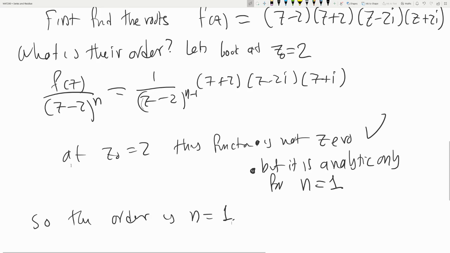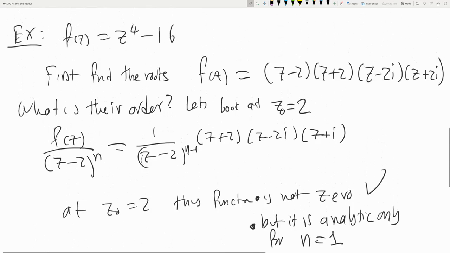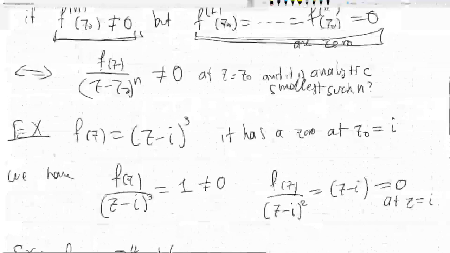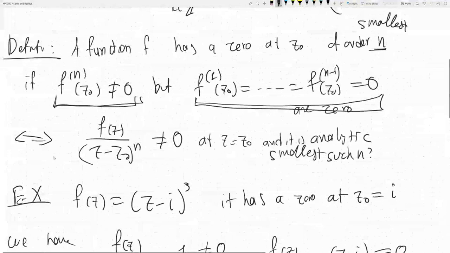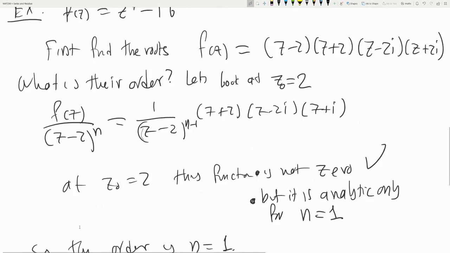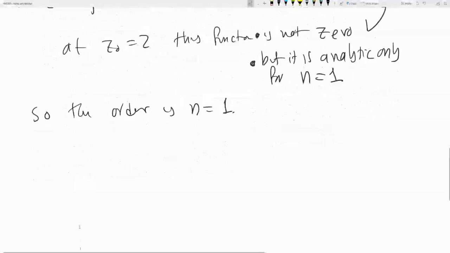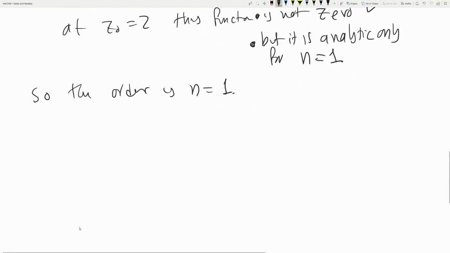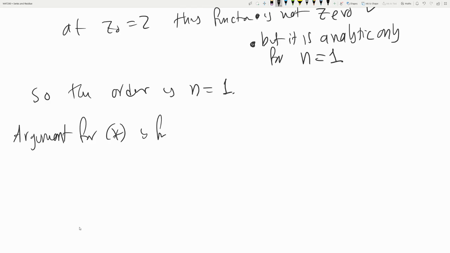Now that I gave you a bit of intuition, let me come back and explain this step. So what is going on here? Call it star. The argument for star is from a Taylor expansion.